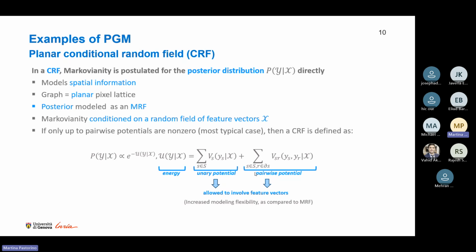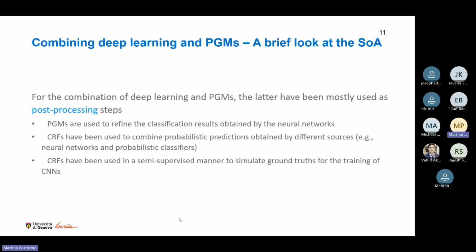So basically, the model here is not on the prior, but it's on the posterior probability. We are modeling the probability of having a certain class label given our observation. Okay, so we can include feature vectors in our computations and in our posterior probability evaluation.